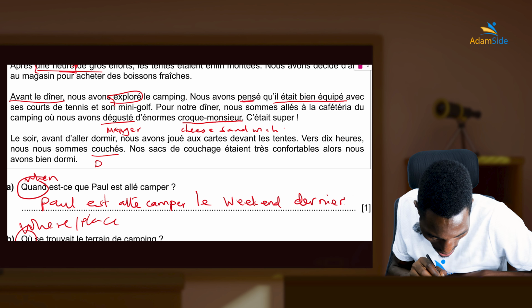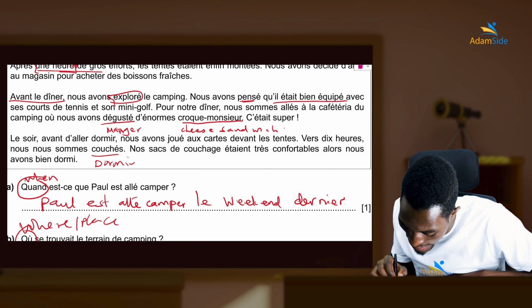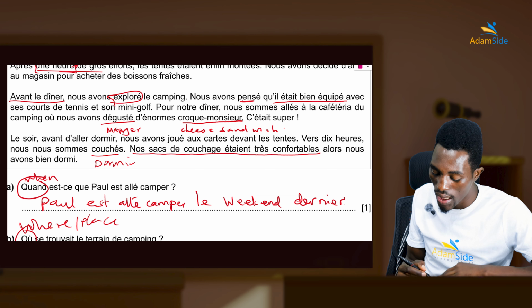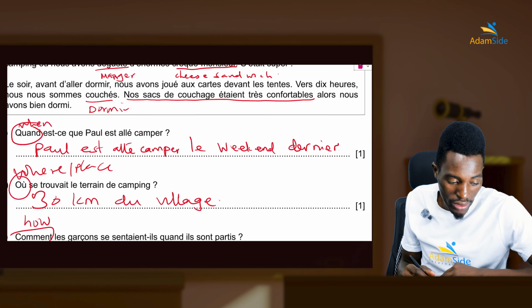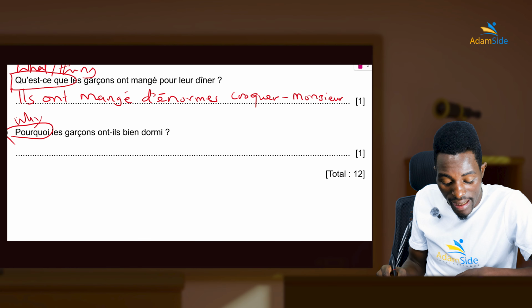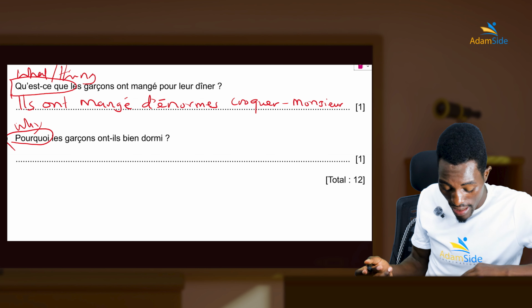Coucher ici, dormir. C'est the same. Dormir, to sleep. Nos sacs de couchage étaient très confortables. Alors, nous avons bien dormi. So, the reason is, leur sac de couchage était très confortable. There. This is les adjectifs possessifs.